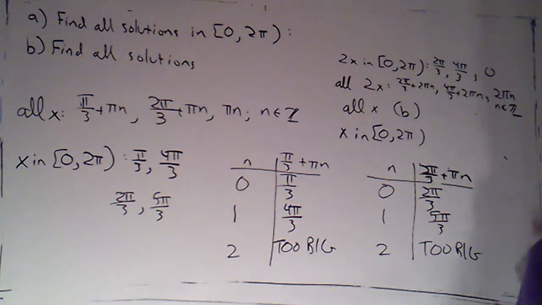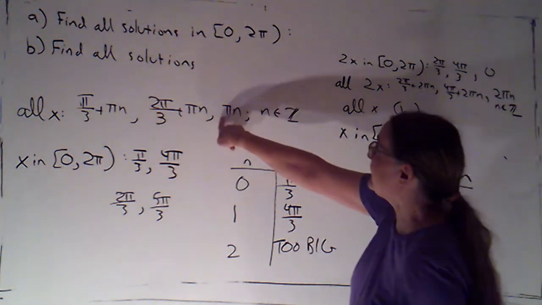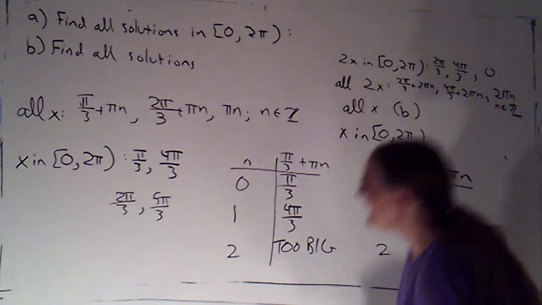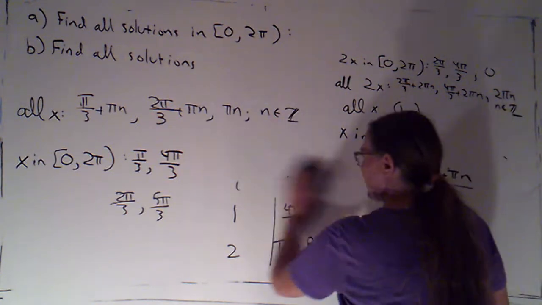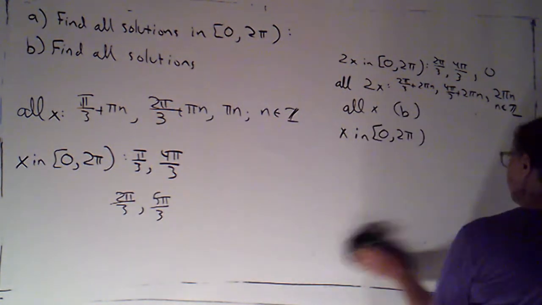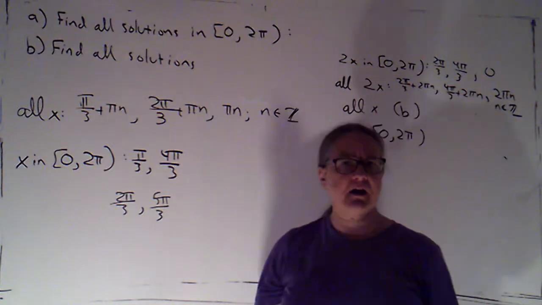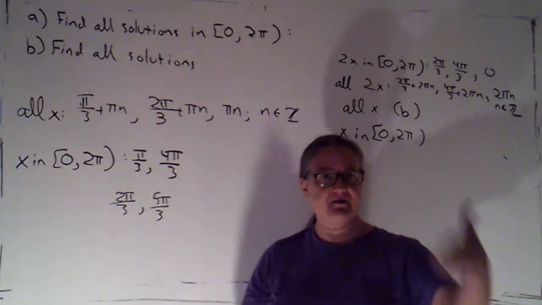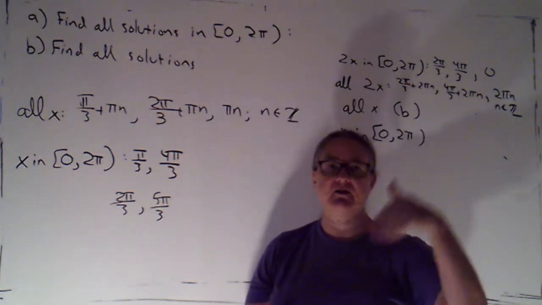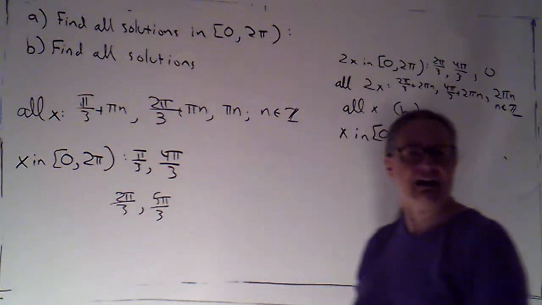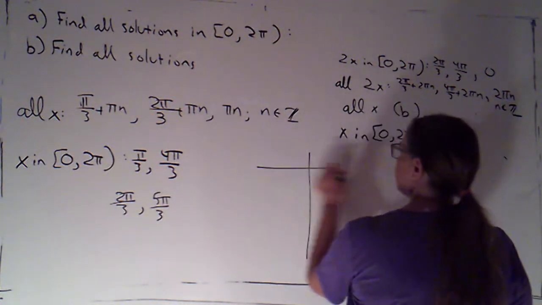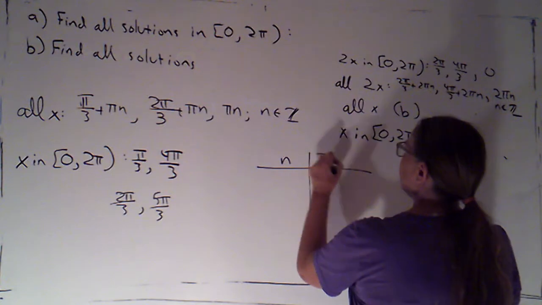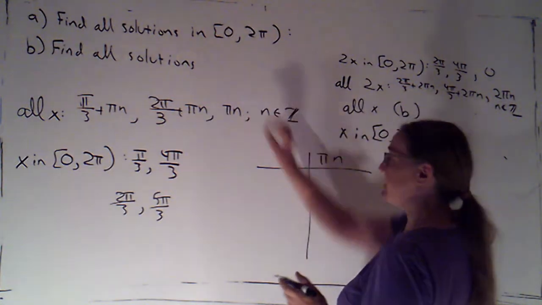And then we've got pi n as our last one. I'm going to again just create a table. The table is optional. If you feel comfortable just running through, n is 0, I get this, n is 1, I get that, n is 2, too big. You don't need to have that table, but it helps me keep track of what I'm doing. So I'm going to list n and then pi n, this possibility for x.